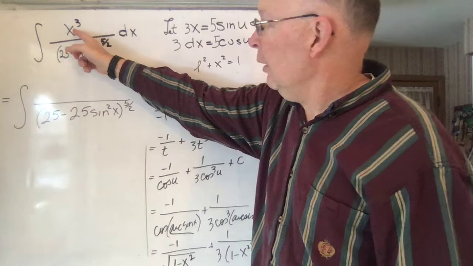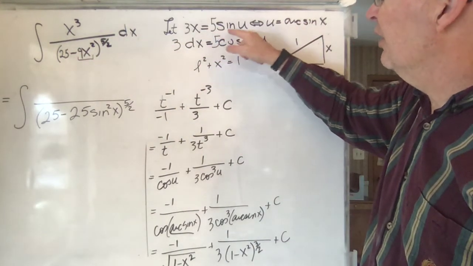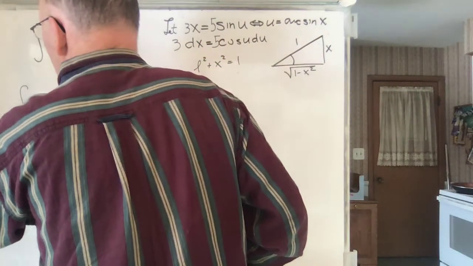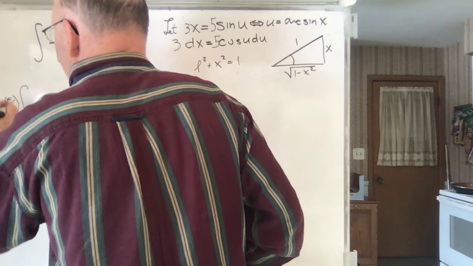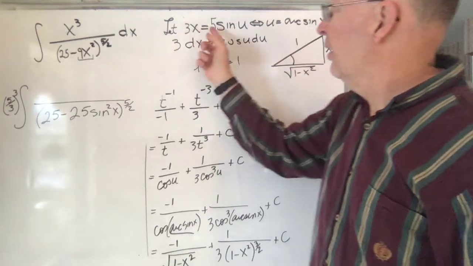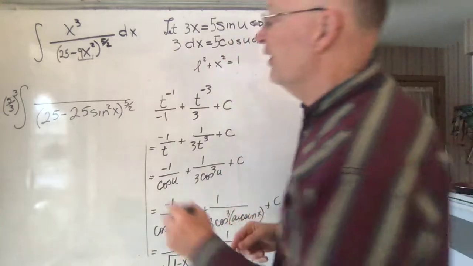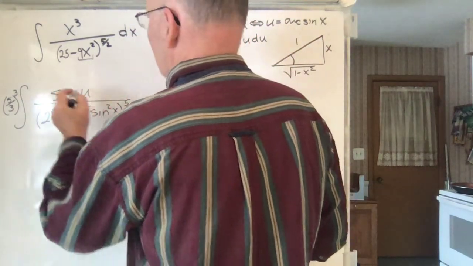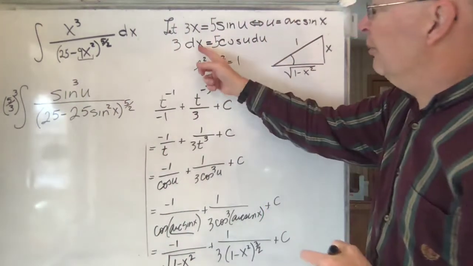Now, what's x cubed? If I solve this for x, I'm going to get 5/3, this thing cubed. The 5/3 I'm going to bring out front. So here's the 5/3 quantity cubed. It's brought out front because it's x cubed. So it's going to be 5/3 quantity cubed, and I'm going to be left with the sine of u quantity cubed. And then what's dx going to be?